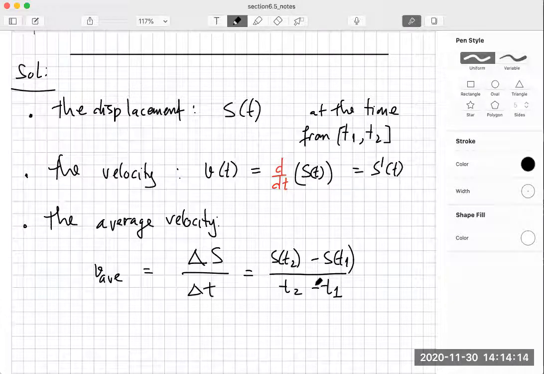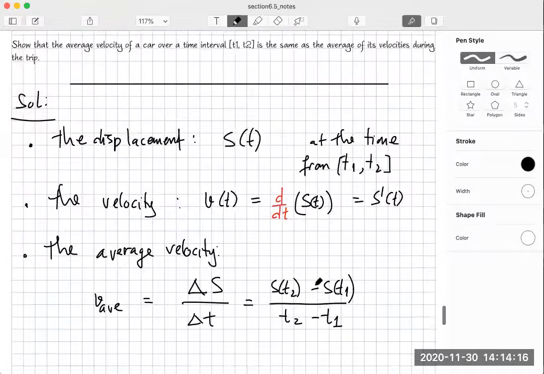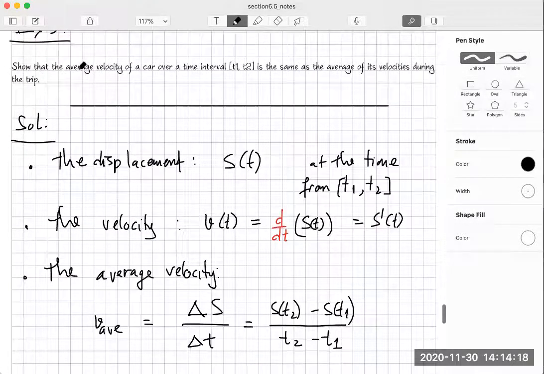So these are all the relations we know. We need to show that the average velocity is the same as the average of the velocity of the car over a time interval here. This is what we need to show.